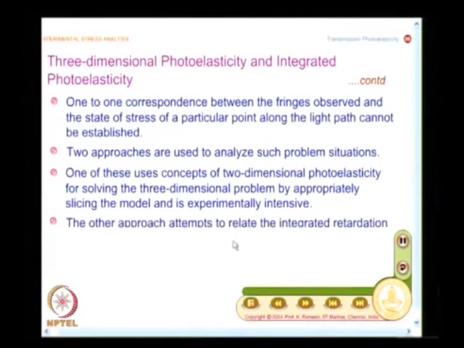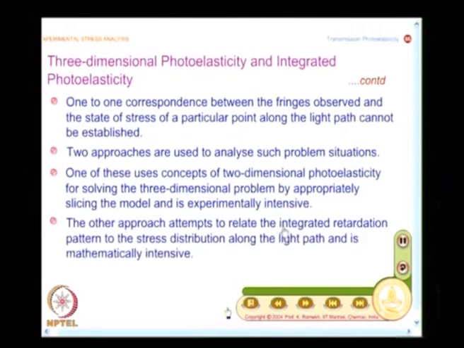The other approach is to directly record the fringe pattern, and you have that as an integrated retardation pattern, and that needs to be interpreted because I need to assume a stress distribution and obtain the parameters based on mathematically solving the problem. So, the other approach becomes mathematically intensive.